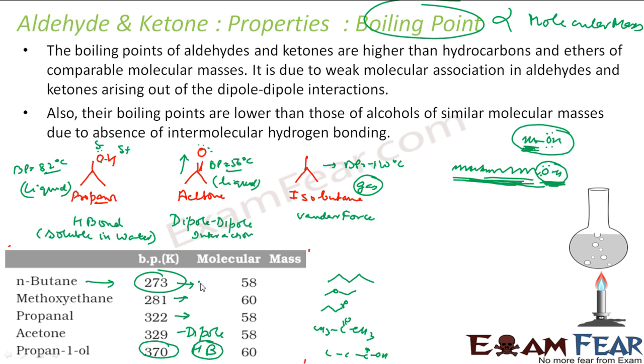These just have van der Waals force, weak van der Waals force. So these things decide. Propanal will have a slight dipole actually, but methoxyethane and butane will have nothing, so they'll have a very low boiling point. But they have comparable molecular mass. The one with the hydrogen bonding has the maximum boiling point, and the one without any kind of bond, only van der Waals force, has the minimum boiling point.